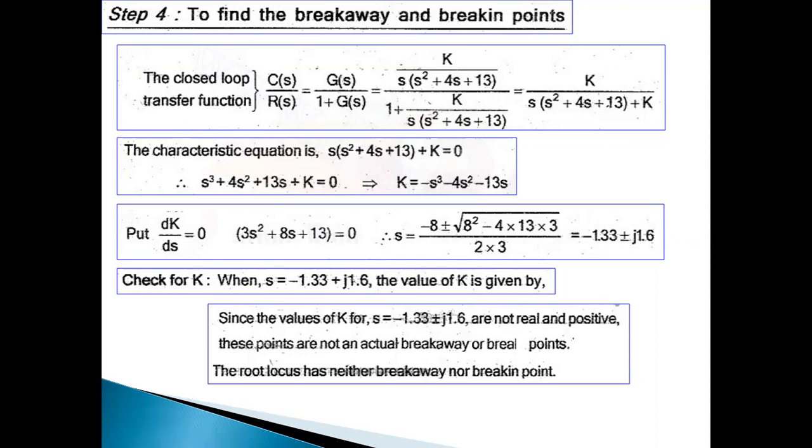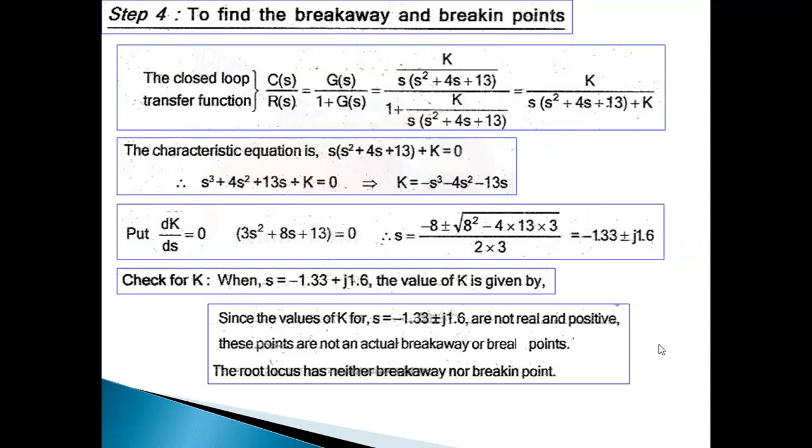In some of the cases, not most, many times we will calculate the breakaway points. If k is a real and positive value, then only a breakaway point exists. Otherwise, there is no breakaway point or break-in point.